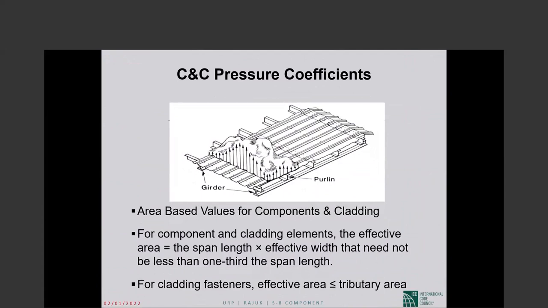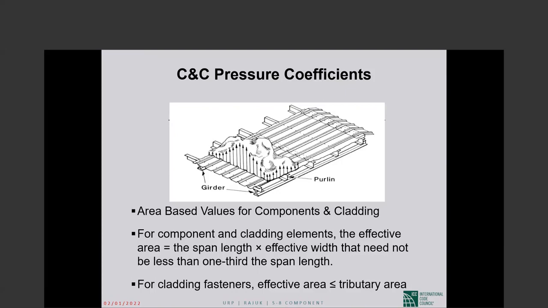Now, there is throughout ASCE 7 and BNBC a distinction between main wind force resisting system and components and cladding. This is a huge distinction, and there is a definition of component and cladding, but basically in very basic terms, components are directly loaded by the wind.